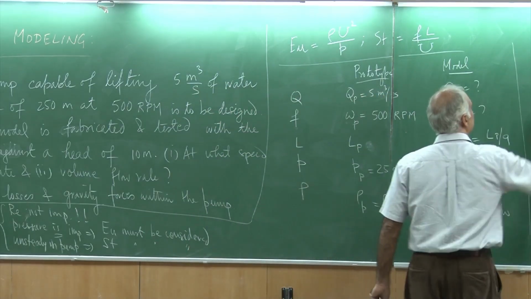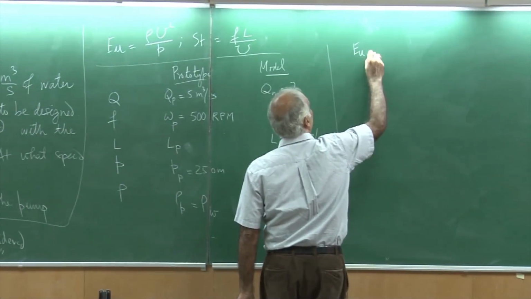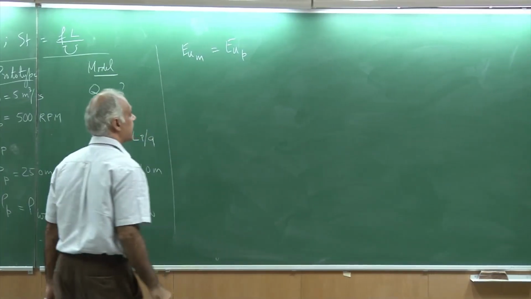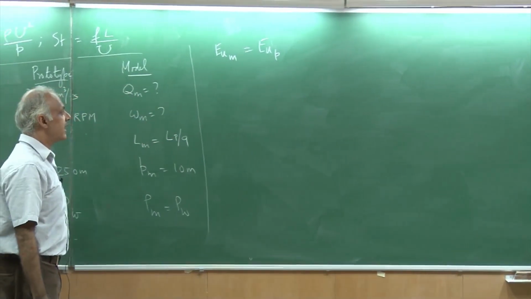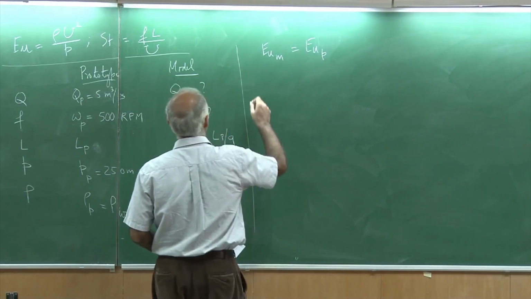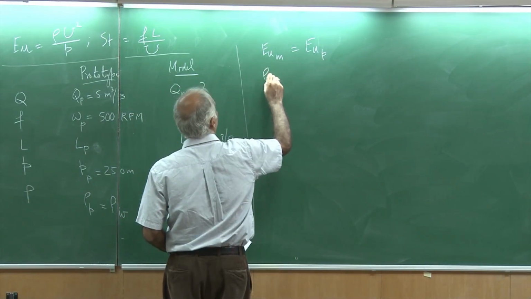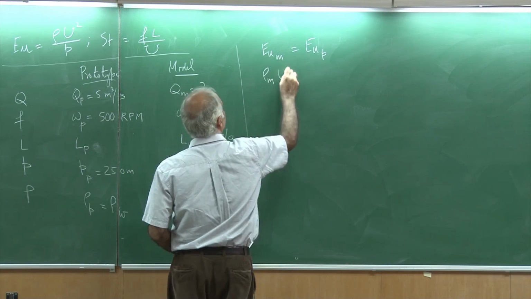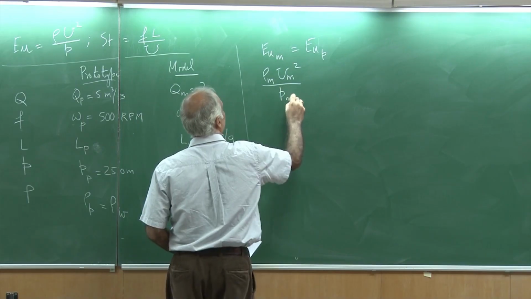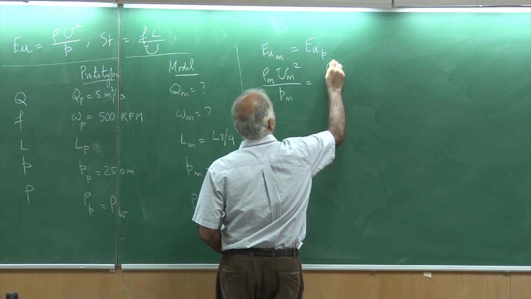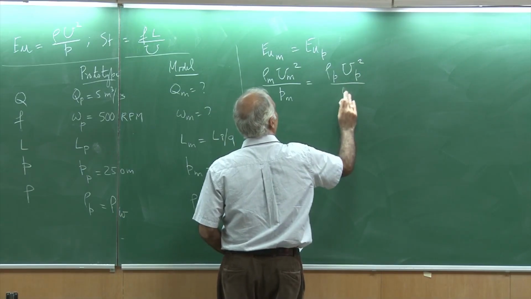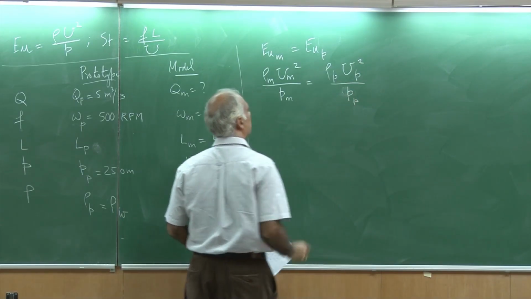So, first the Euler number for the model should be same as Euler number for prototype for the dynamic similarity, and this would imply that rho of model times u model square by p of model is rho of prototype u of prototype square by p of prototype.